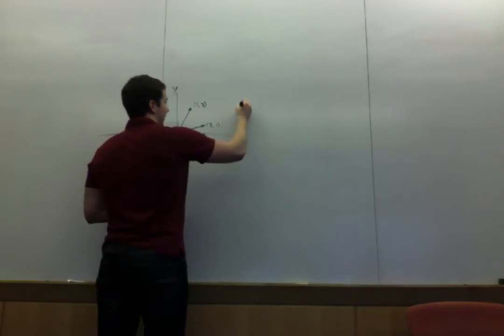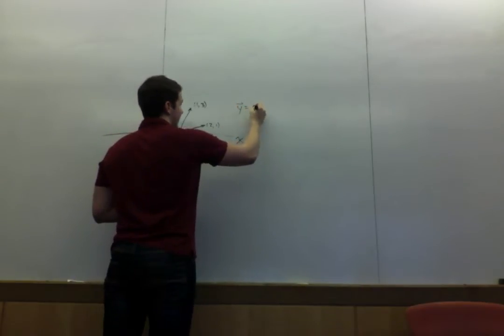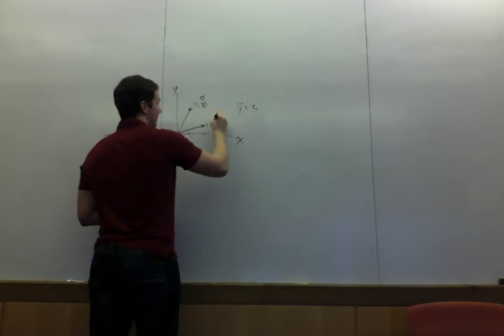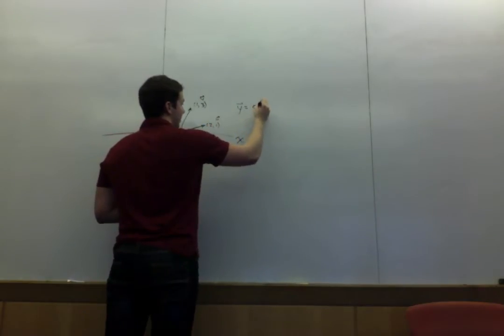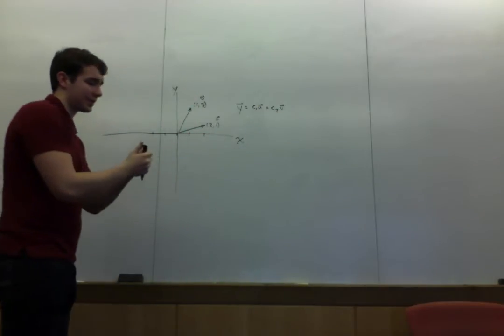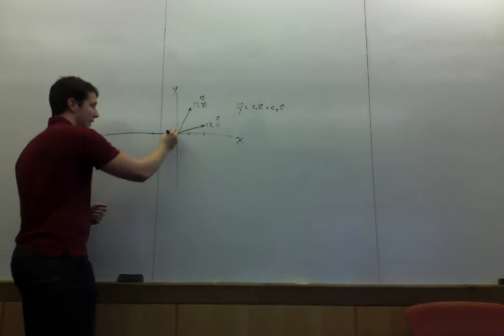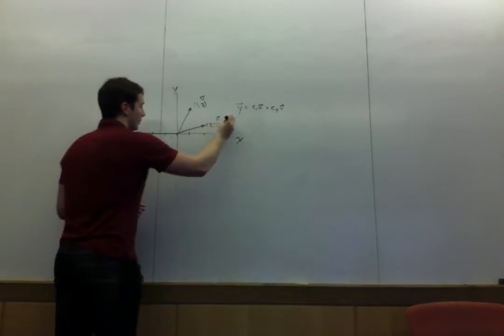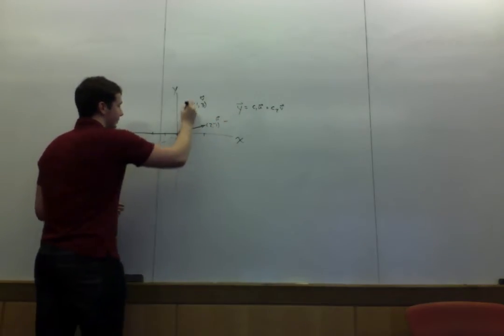So I could have a vector y that's equal to c1 times u plus c2 times v, where we call this v and this u. And all of a sudden I can start stretching and scaling not just along this line, but along this line as well.